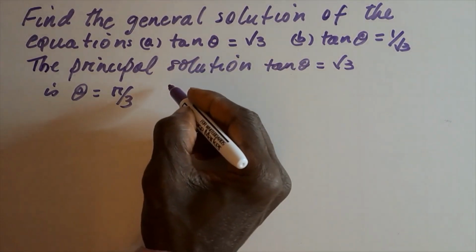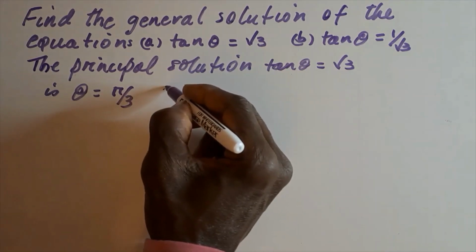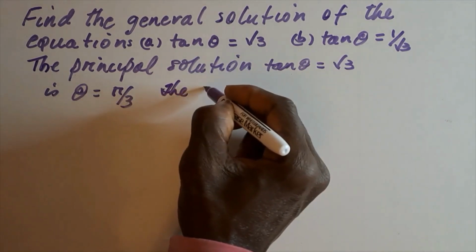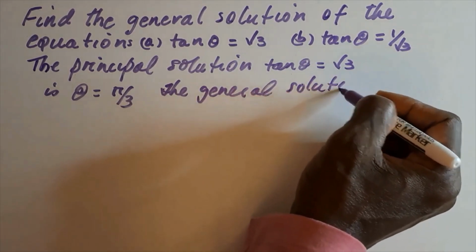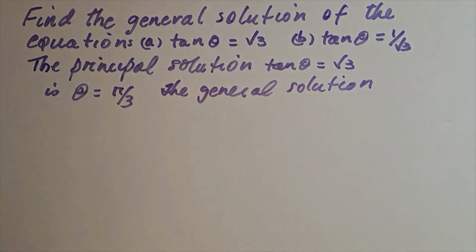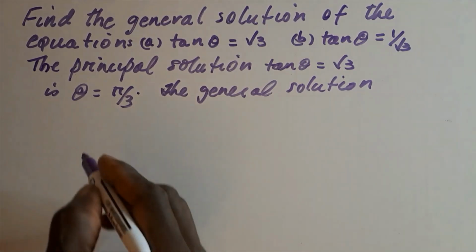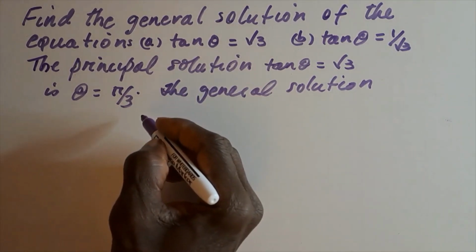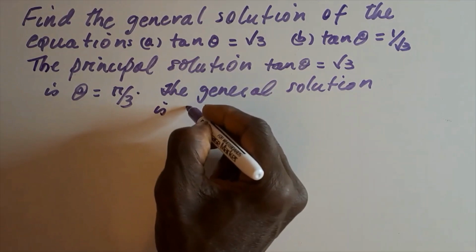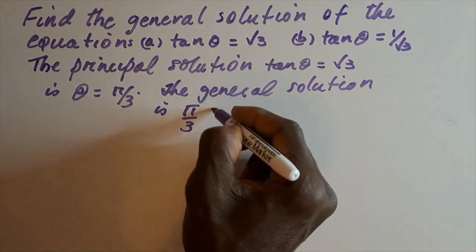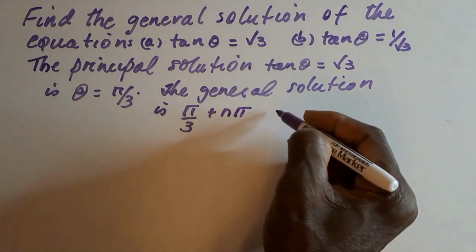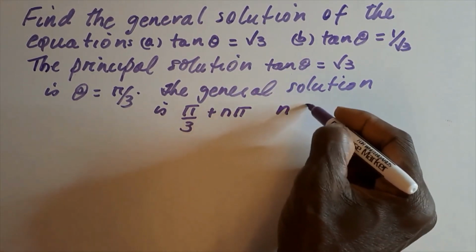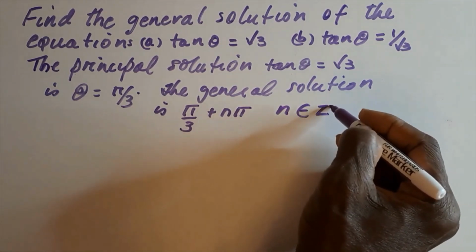So using our formula, the general solution, and you would have seen this if you looked at my previous videos published last night, is pi over 3 plus a multiple of pi, where n belongs to a set of integers.